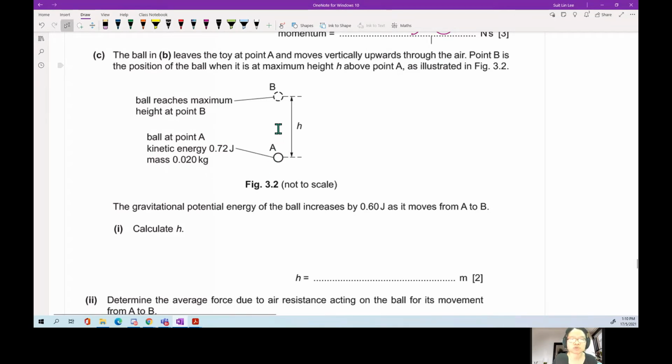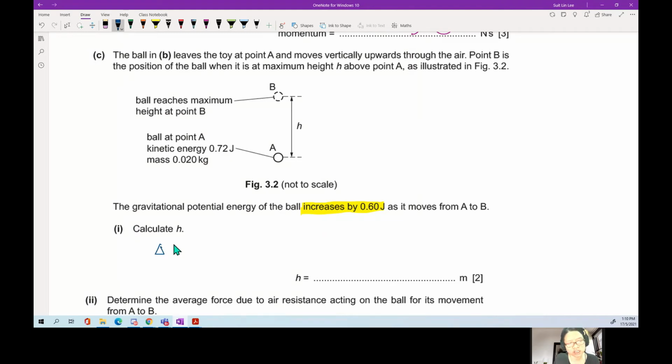and moves vertically upwards through air. Point B is the position of the ball where it's at maximum height h above point A. The gravitational potential energy increases by 0.60 joule.